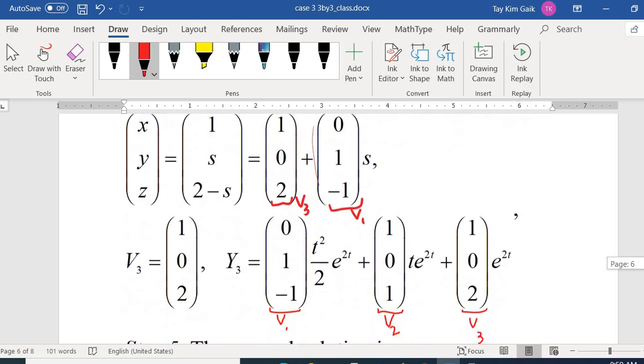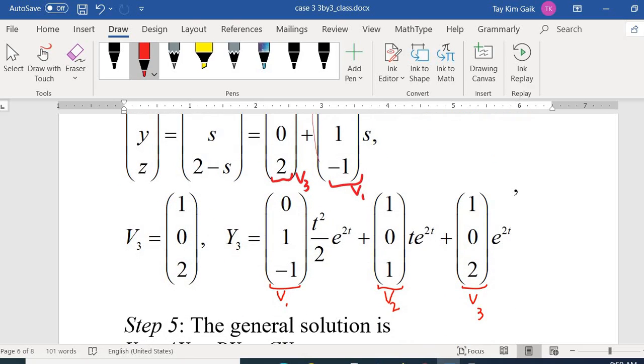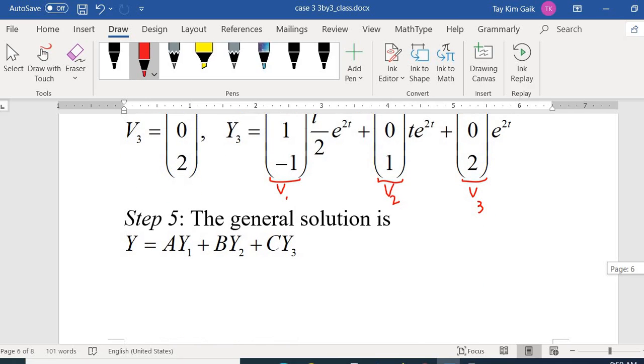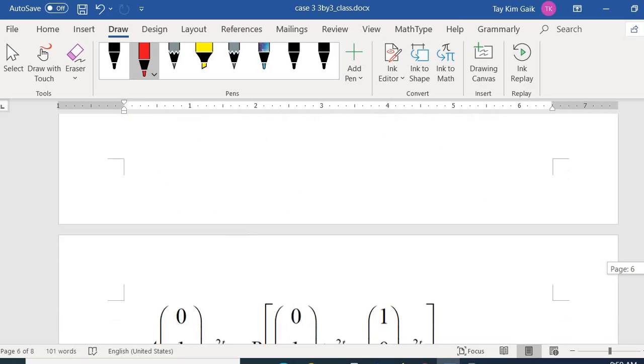And the y3 exactly, okay, v3, you multiply by exponent lambda t, lambda is 2. v2 is exactly v2 times t exponent 2t. v1 now is t squared over 2 exponent 2t. Because our general solution is a y1 plus b y2 plus c y3.